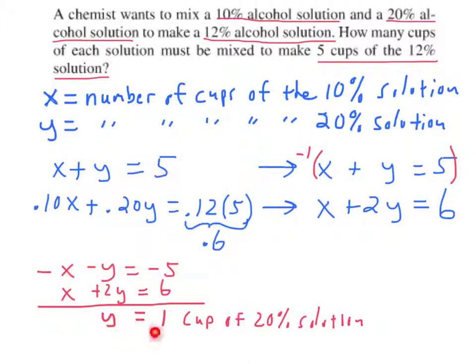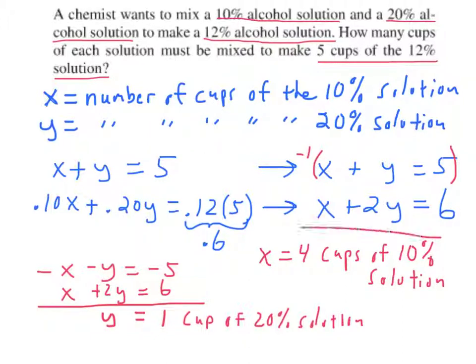So if we know y is 1, we already know that x has to be 4. So x comes out to be 4, and that would be 4 cups of the 10% solution. And that's your solution, your x and your y.